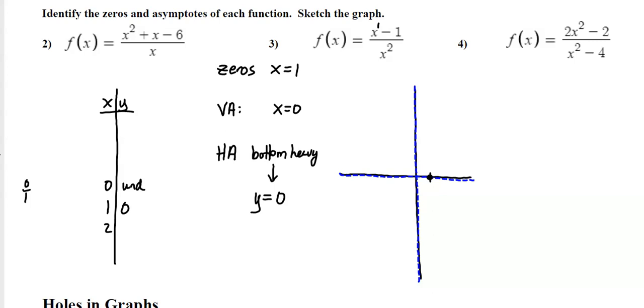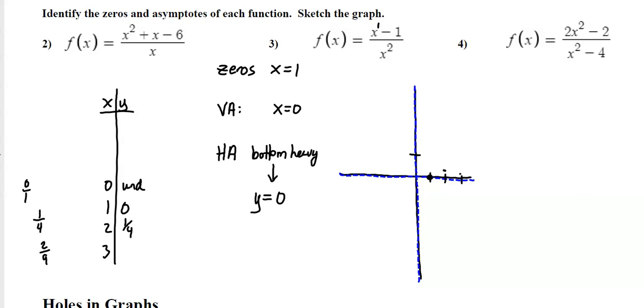Let's stick a 2 in there. If I put a 2 in there, I get 2 take away 1 all over 2 squared. So it looks like 2 is a quarter. So when I go over 2, I'm up a quarter. And let's go to 3. If I put 3 in there, I get a 1 on top and a 9 on bottom. 2 ninths. Well, that's even less than a quarter.